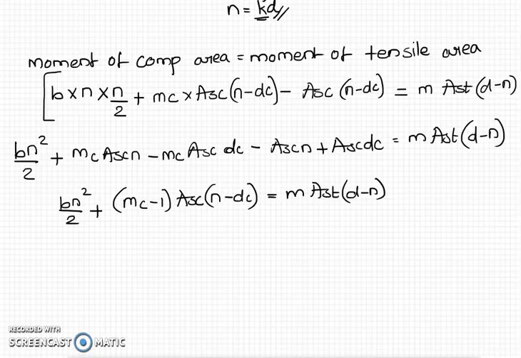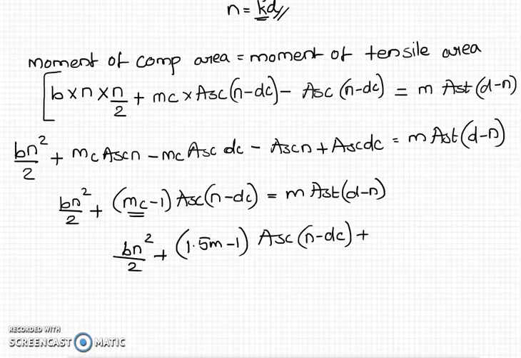Now here we can substitute the value of MC as 1.5 times M. So further the final equation will be Bn square by 2 plus (1.5 times M minus 1) ASC (N minus DC) equal to M times AST into (D minus N).